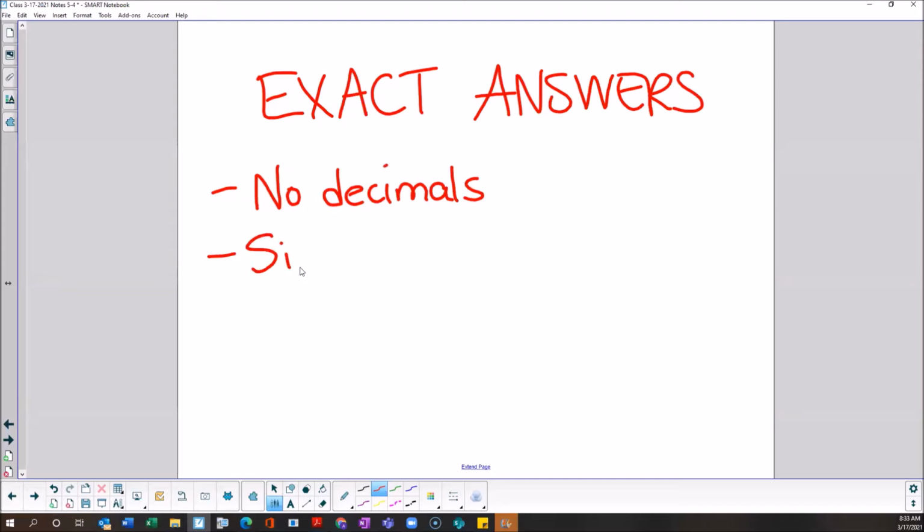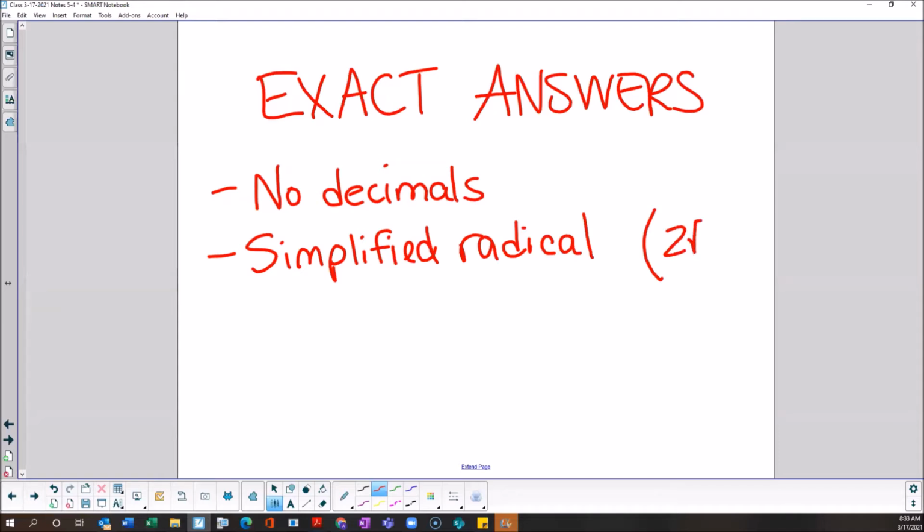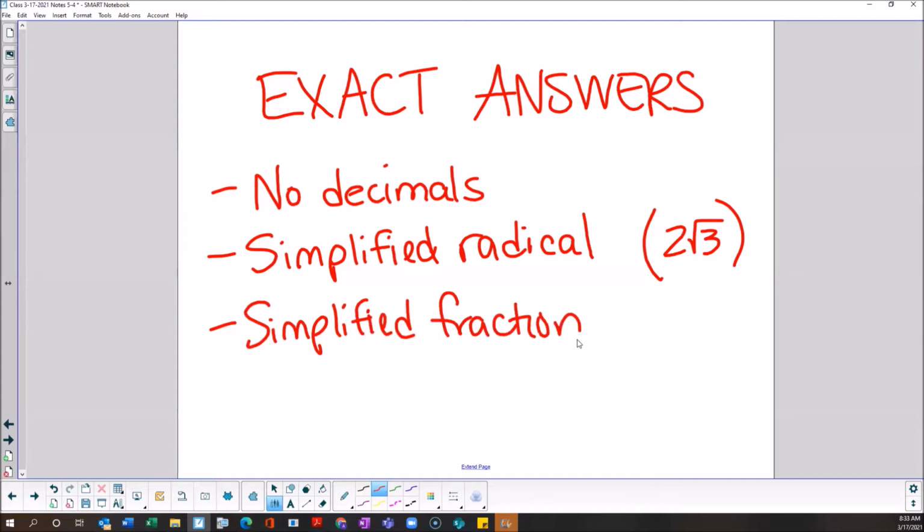It means simplify the radical, like 2 root 3. That would be a simplified radical. And then a simplified fraction. Okay, so in other words, if I have, I don't know, 2/10, I can't leave it like that. I have to write that as 1/5.